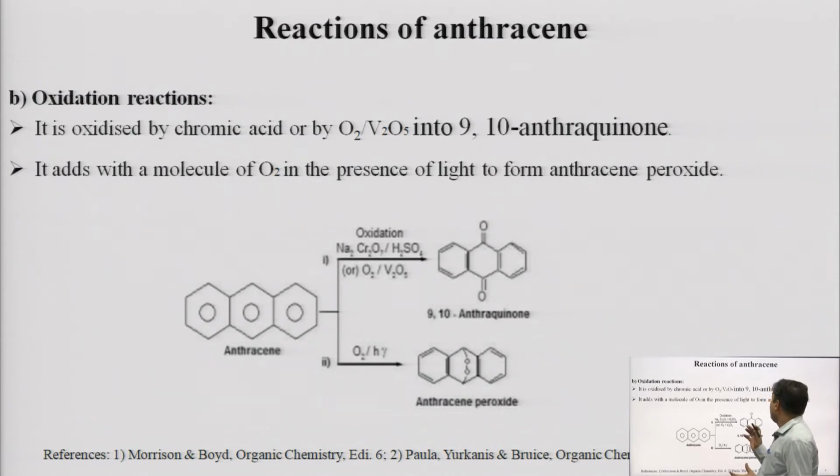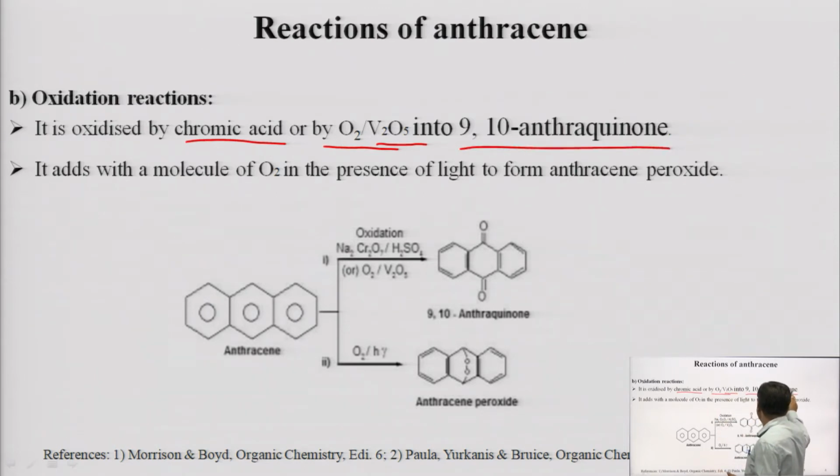So, anthracene can be easily oxidized to different products in the presence of different reaction conditions. When we are using chromic acid or oxygen with V2O5, it is oxidized to 9,10 anthraquinone.